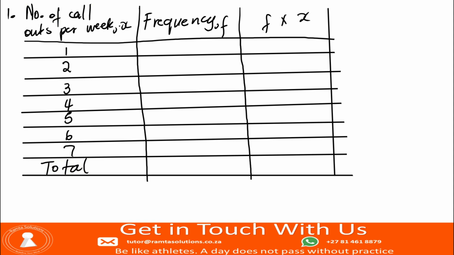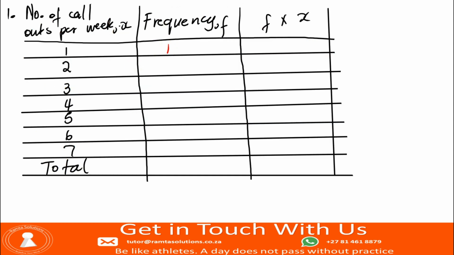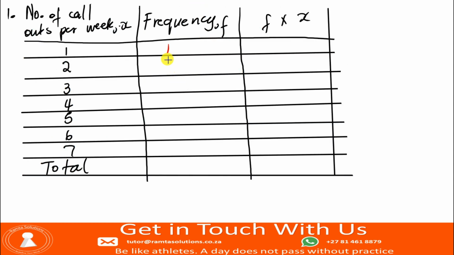Let's see how many times one callout occurred. One callout occurred only once, so I'm going to put 1. Then 2 callouts occurred how many times? 1, 2, 3, 4, 5. So 2 callouts occurred 5 times. I'm going to write 5. Then we have 3 callouts.